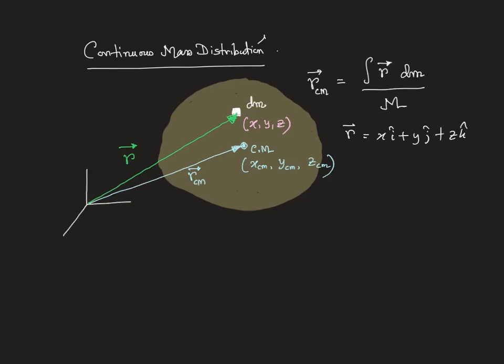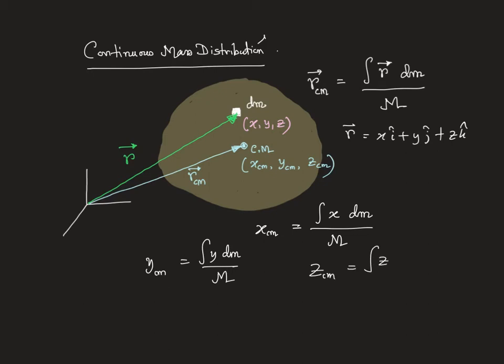So this formula works for individual axes also. xcm is integration of x dm divided by m. Same way, ycm is integral y dm divided by m, and zcm is integral z dm divided by m.